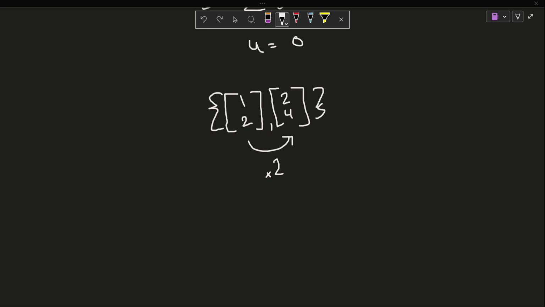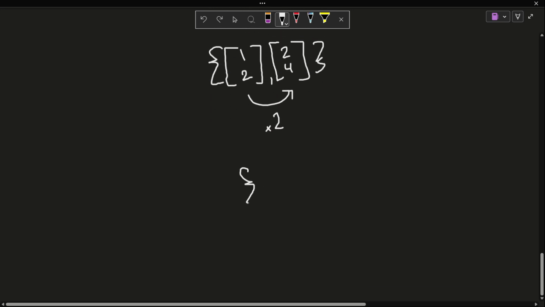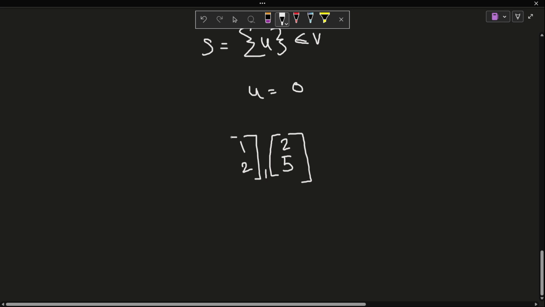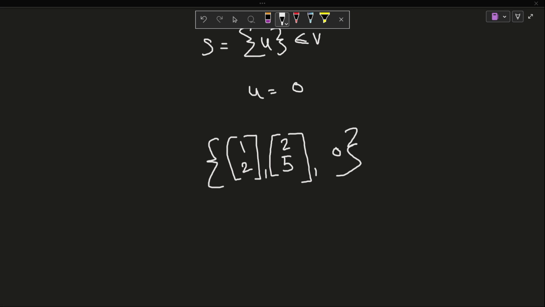the equations. Okay, and the next theorem is that if you have a set of vectors and inside that set, so let's take a set like this one, and I'm just going to change this to 5 just to make these linearly independent. If you have the 0 vector inside your set, then this is automatically going to be linearly dependent.